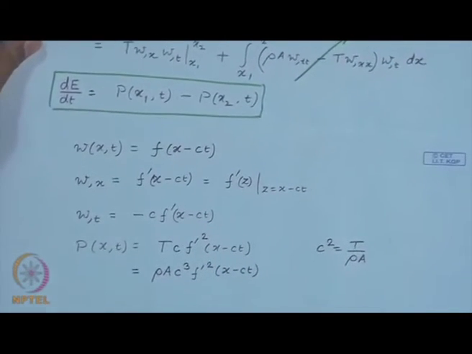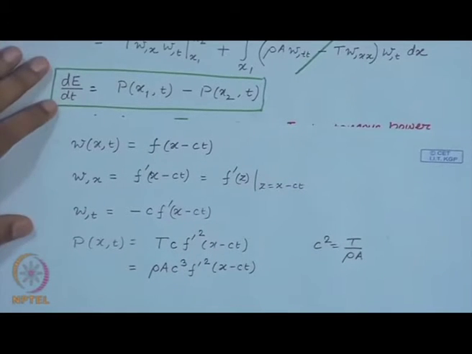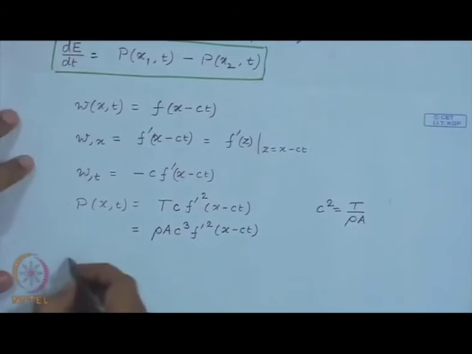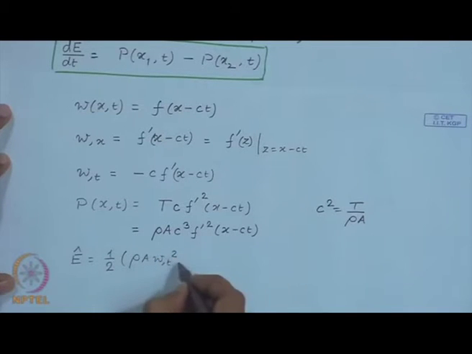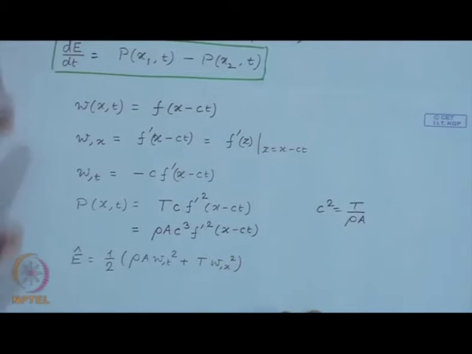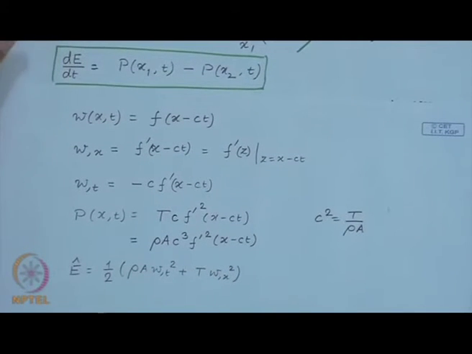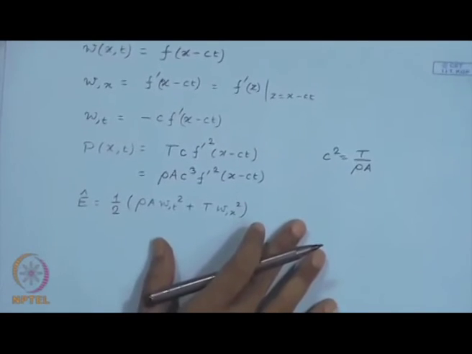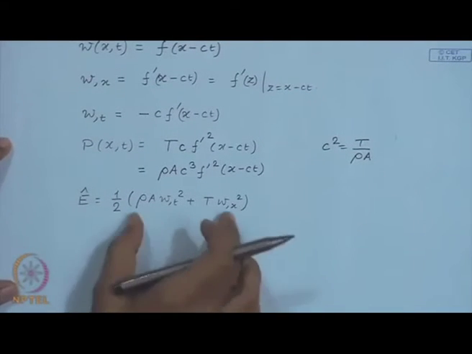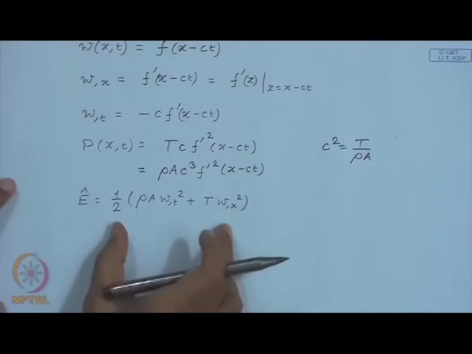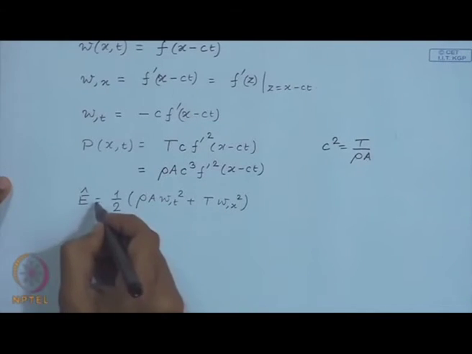Now, let us calculate the energy density of the string. So, the total energy density of the string is given by this. This we integrated over the segment just a moment ago.